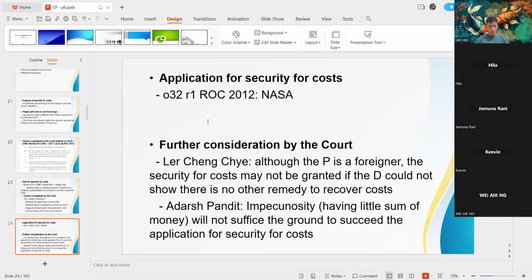But the court held that even though the plaintiff is a foreigner, it will not suffice as a ground for security for costs, simply because he is a foreigner, if you cannot show that there is no other remedy to recover your costs. And also in the case of Adarsh Public, the court held that having a small sum of money will not suffice as a ground to succeed in an application for security for costs.